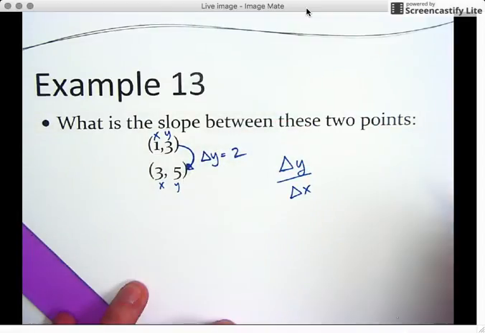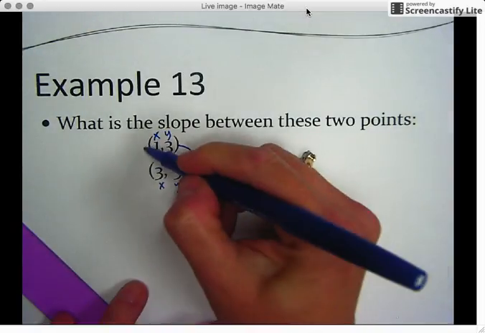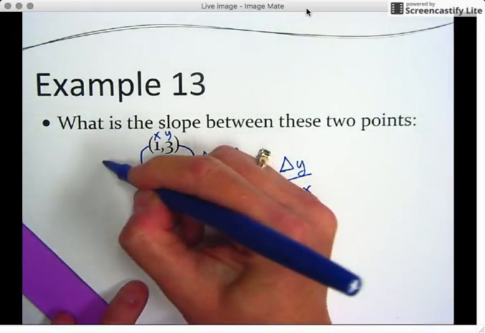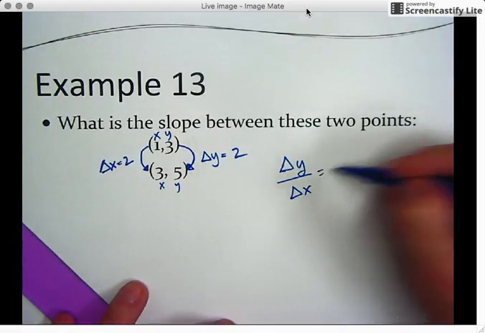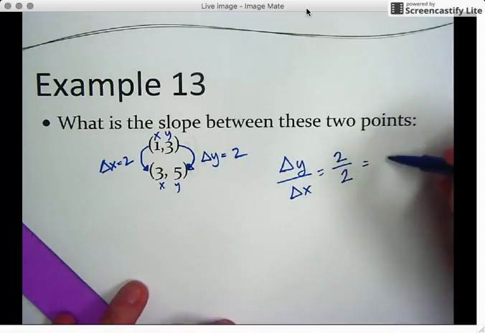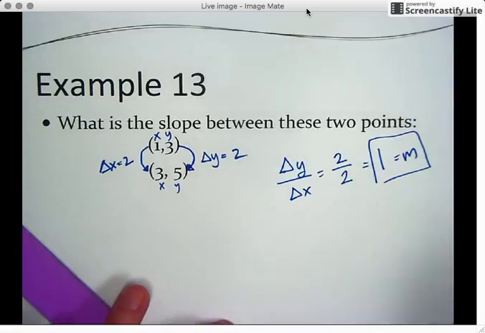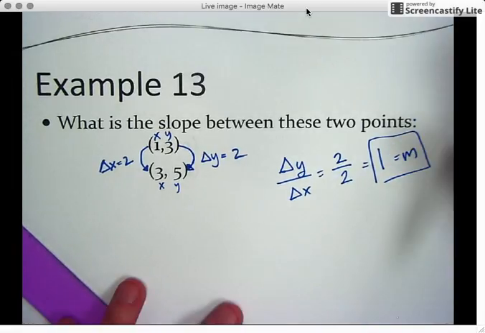You would say, that's a change of 2. And going this direction over here, the change of x is also 2. So when I take those 2 numbers and put one on top of the other, you can see that the slope is 1.